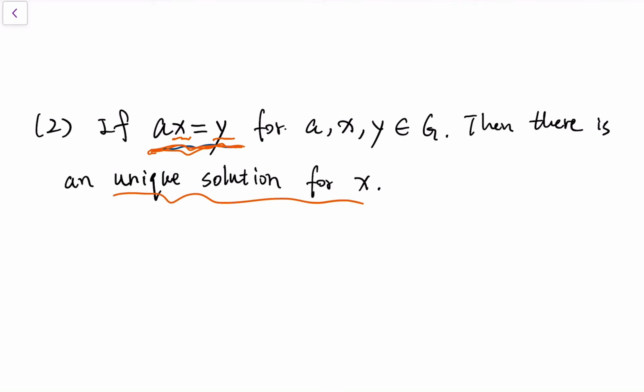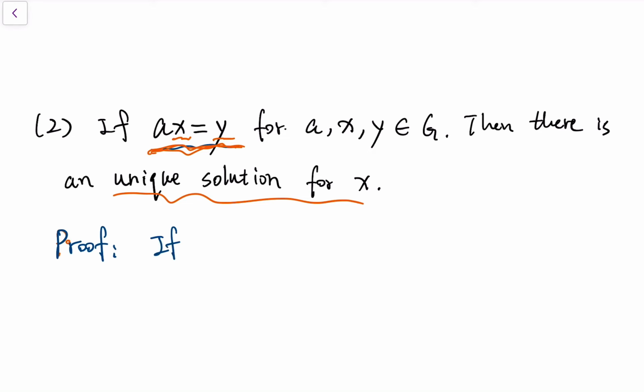So how do we do that? The idea is very similar to what we did over the rational numbers and the real numbers in middle school. We want to prove it.